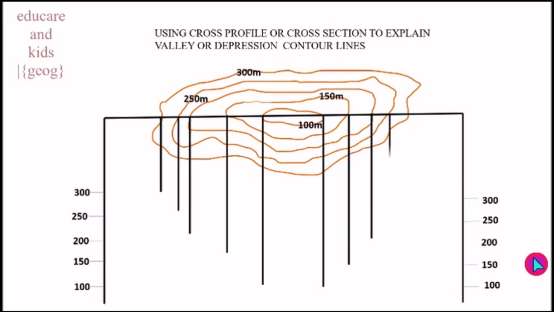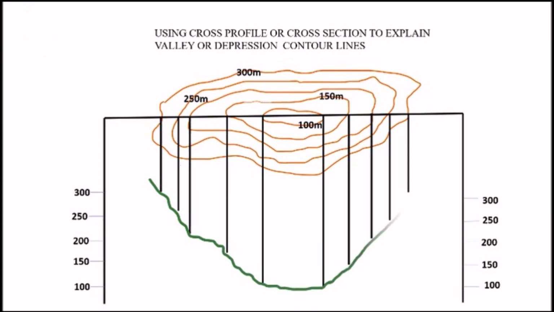Then after that, you draw a curve at the edge of these lines, and definitely this is going to give you a value, because in practical life, when we are descending a valley, you start from the highest to the lowest, the highest to the lowest.